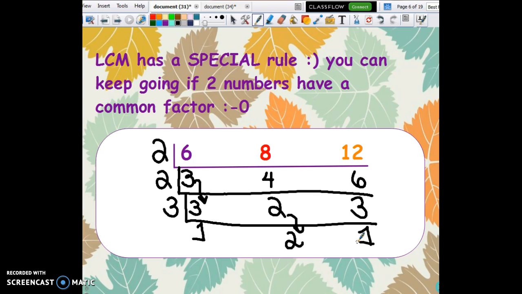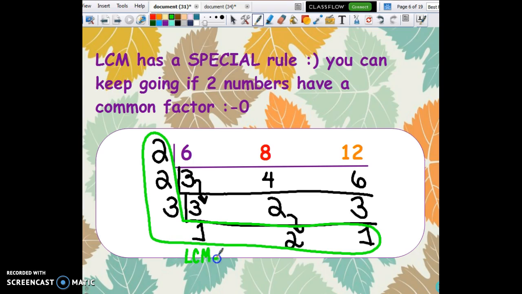Now, nothing has common factors except for the ones, and we don't have to pull the ones out because we have other numbers. So our least common multiple is going to be all of these on the outside, making our L, multiply together. So we have LCM will equal 2 times 2 times 3 times 1 times 2 times 1.